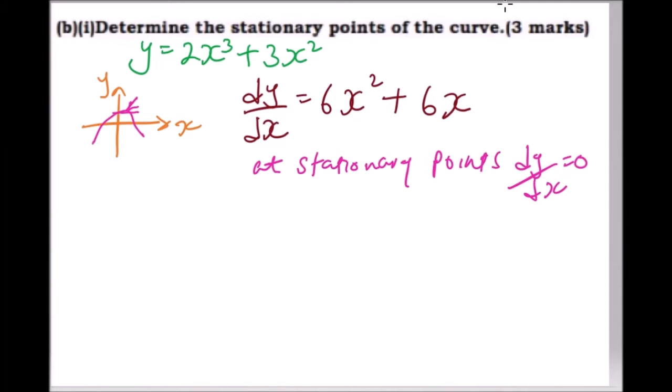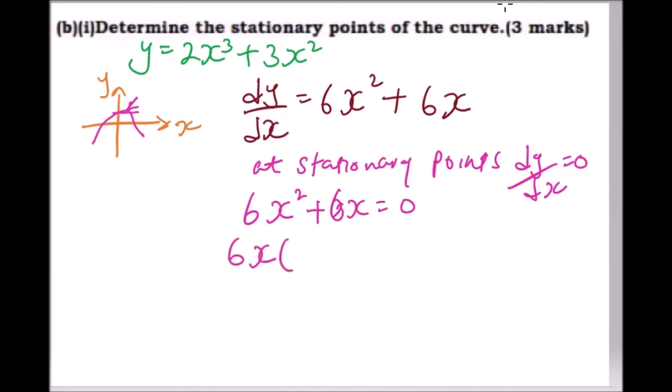Therefore, since our dy over dx is equal to 6x squared plus 6x, it means that 6x squared plus 6x is equal to 0. We can factor out 6x.